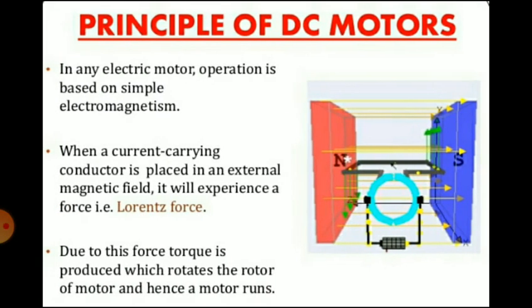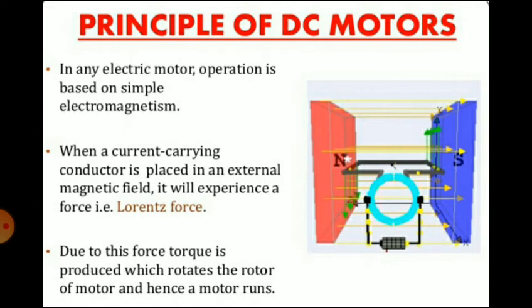We will see another diagram and discuss the principle. In any electric motor, operation is based on simple electromagnetism. When a current carrying conductor is placed in an external magnetic field, produced by the N and S poles, it will experience a force, that is the Lorentz force.